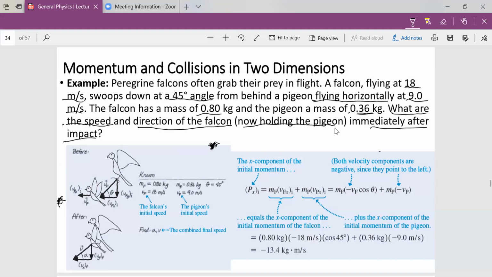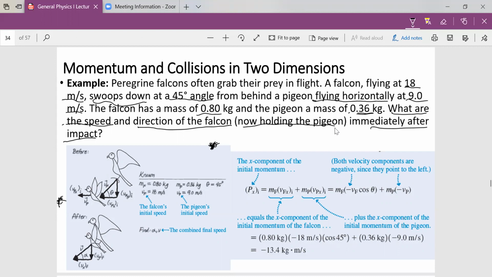Although the question did not specify that it's moving to the left, let's picture that the pigeon is moving to the left, and the falcon was above the pigeon, swooping down at an angle of 45. We represent the angle where it swoops down to meet the pigeon as theta, which is 45. Then we have its initial velocity given and the initial velocity of the pigeon given.